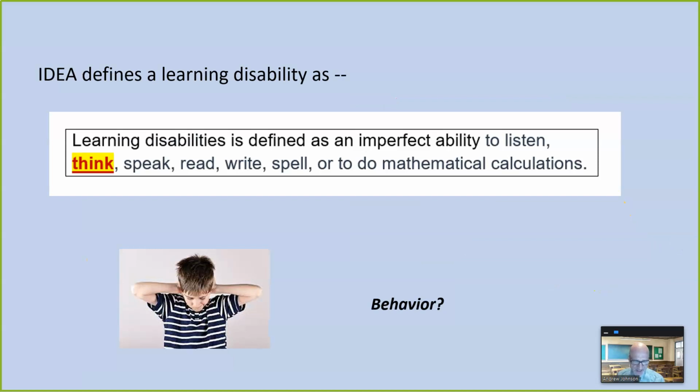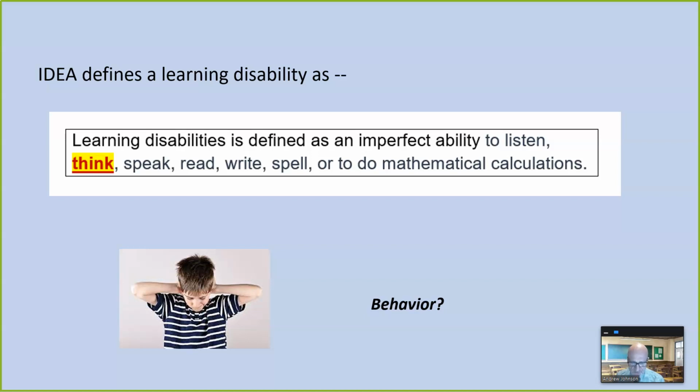Now, IDEA defines a learning disability as an imperfect ability to listen, think, speak, read, write, spell. Not included in that list of imperfect abilities is an imperfect ability to behave or an imperfect ability to emote.